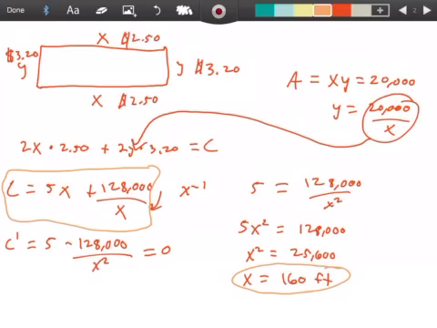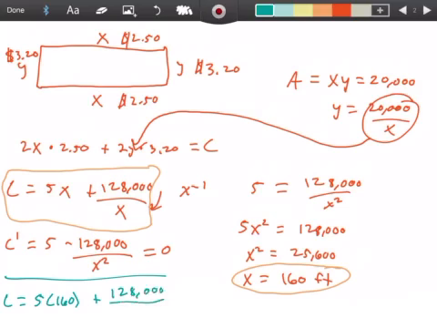So cost will be 5 times 160 plus 128,000 divided by 160. That gives us $1,600.